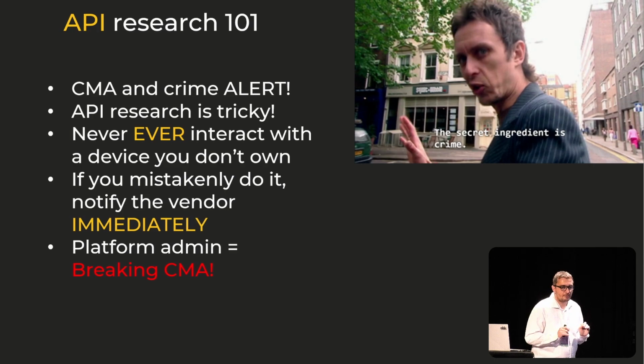Never, ever interact with a device that you don't own. If you, by mistake, which is quite easy to do, interact with a device, or you get a platform admin, that would be breaking the CMA, notify the vendor immediately, and hope that in good faith, you're not going to be under the law. Whatever is in red on my talk is breaking the CMA, don't do it.